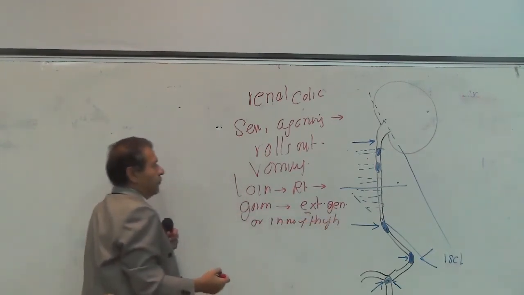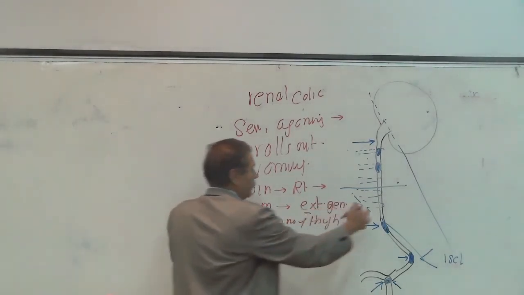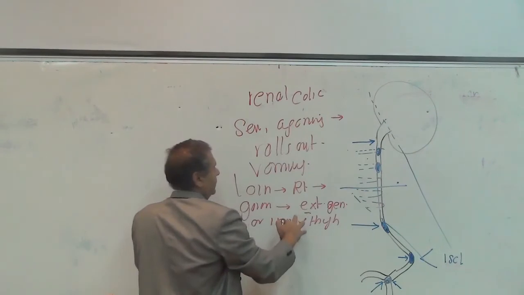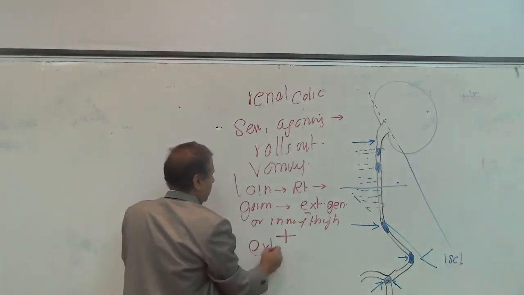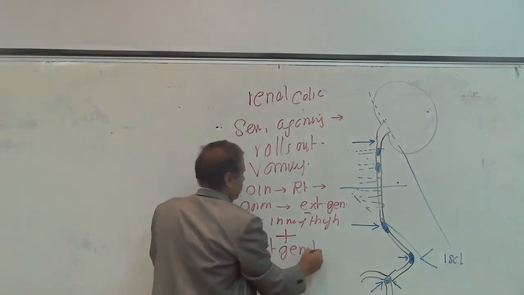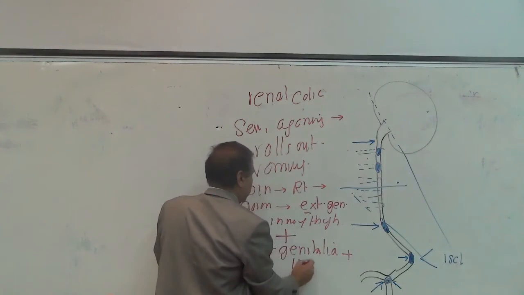This is typical for renal colic in the upper part. In the lower part of the ureter, all this will occur, plus it leads to the external genitalia, plus the inner aspect of the thigh more.